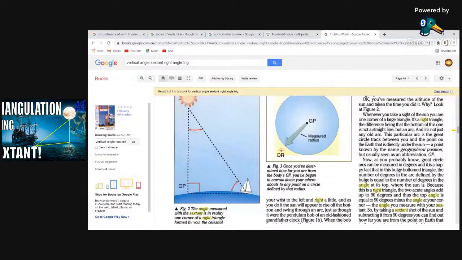So imagine if you're shooting an angle of 89 degrees. Yeah, so you've got an angle at the top of 1 degree. So 1 degree, obviously, you're going to be 60 nautical miles from the GP of the sun. So for every 1 degree is 60 nautical miles.